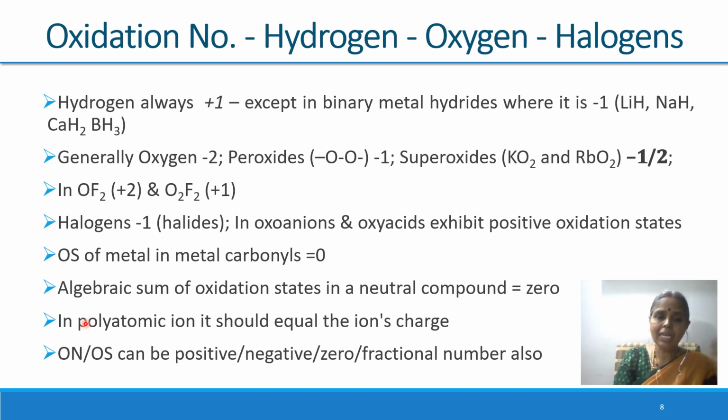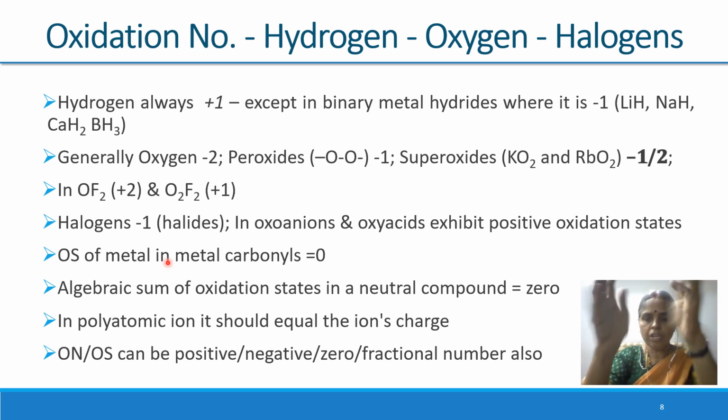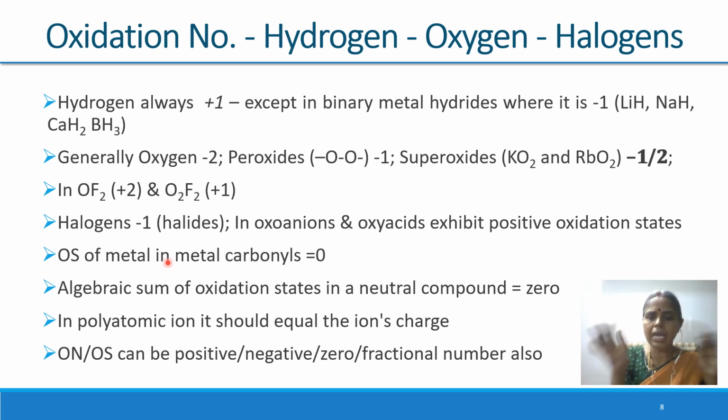Now, finally, the algebraic sum of oxidation states of all the elements in a neutral compound is 0. So if you take a neutral compound like H3PO4, H2SO4 or ammonium phosphate, not having any charge, then the algebraic sum of the oxidation states of all the elements in the compound should be equal to 0.